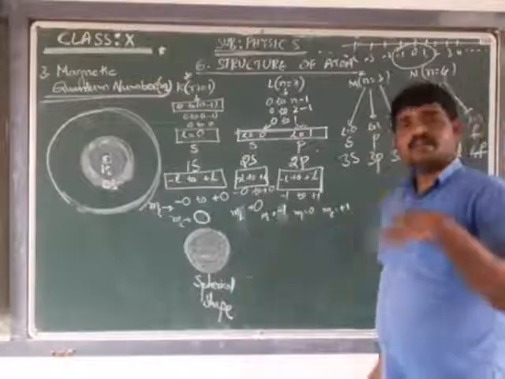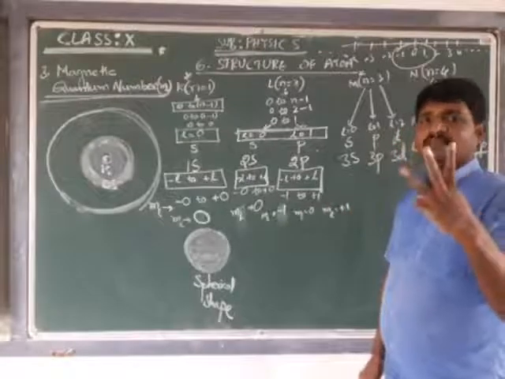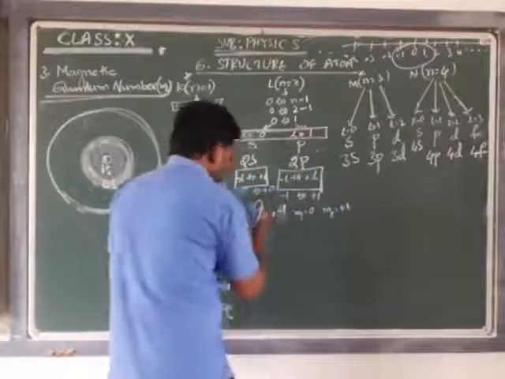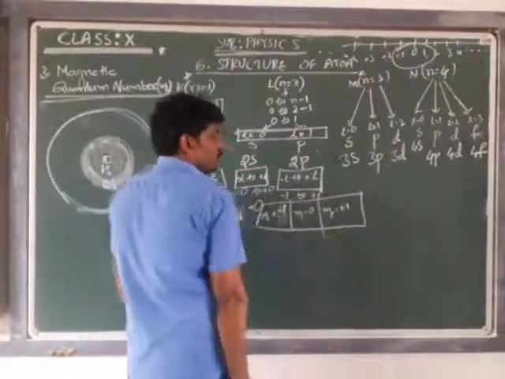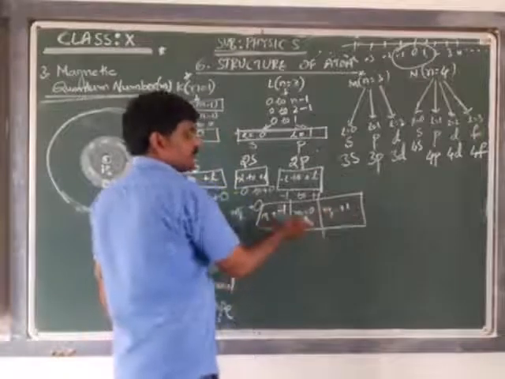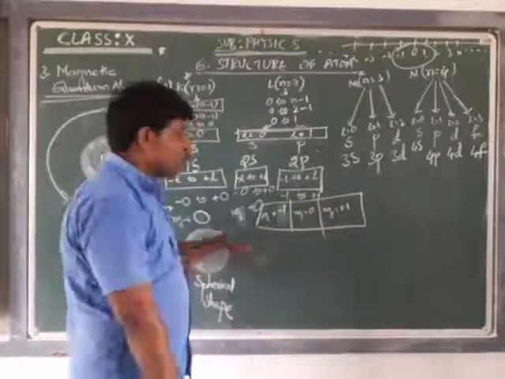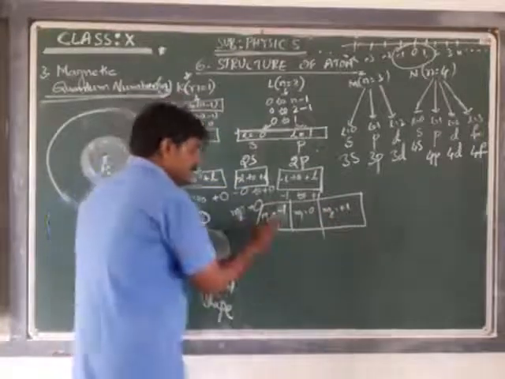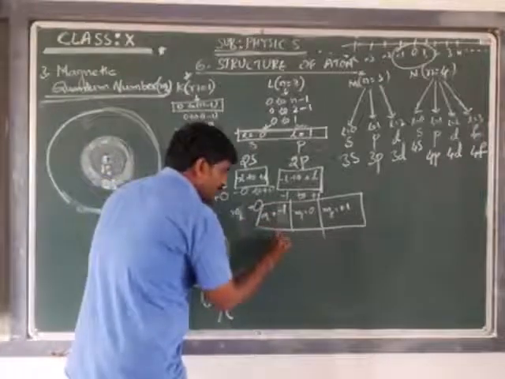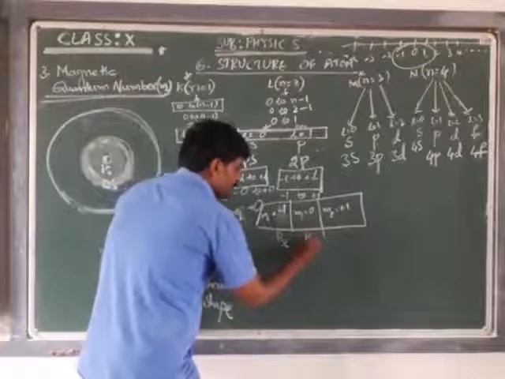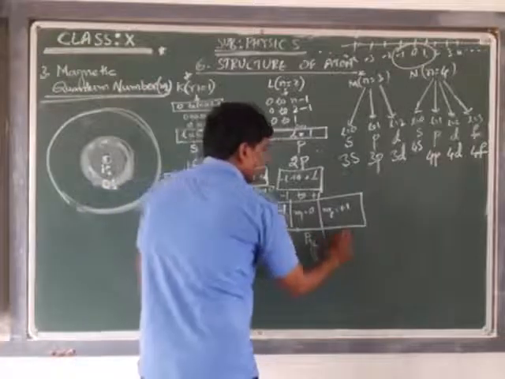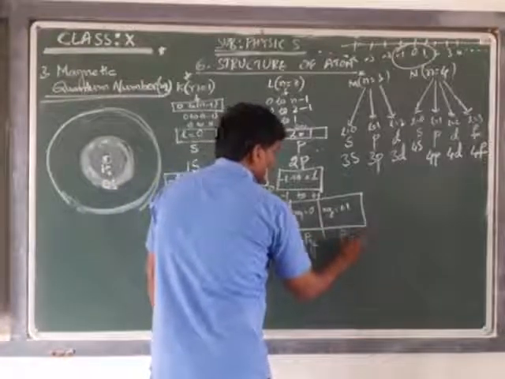How are these 3 orbitals referred to? Ml equal to minus 1 is referred to as Px, Ml equal to 0 as Py, and Ml equal to plus 1 as Pz.